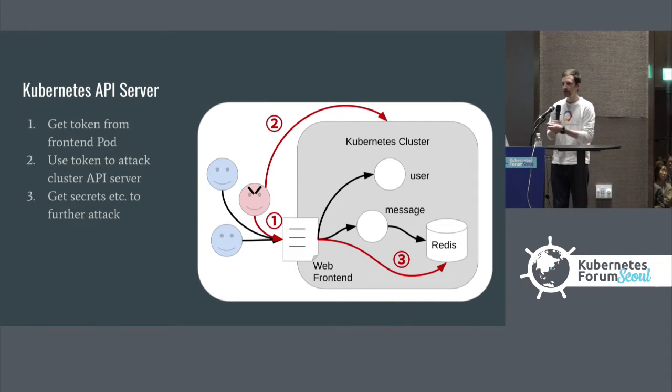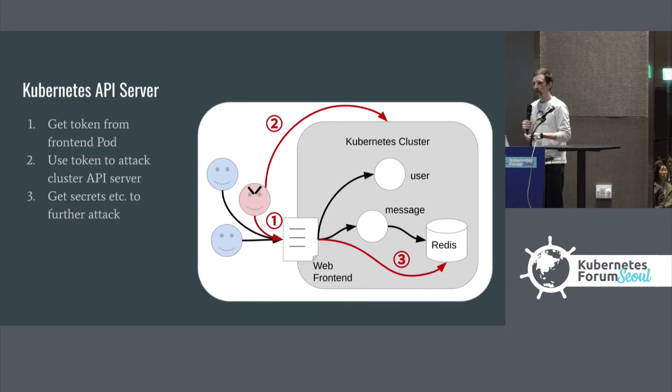And if you're not careful and you have given too many permissions to this particular service account, you can use that service account to then do things with the API server, like send requests there. So we can imagine that our web front end has some vulnerability in it that allows us to read a file off of the file system.